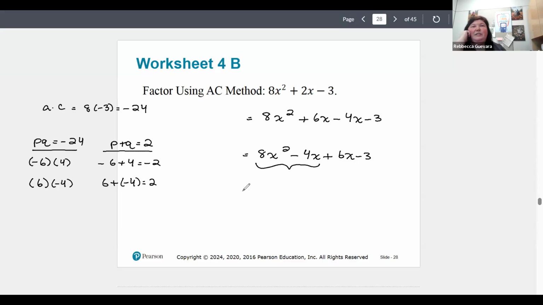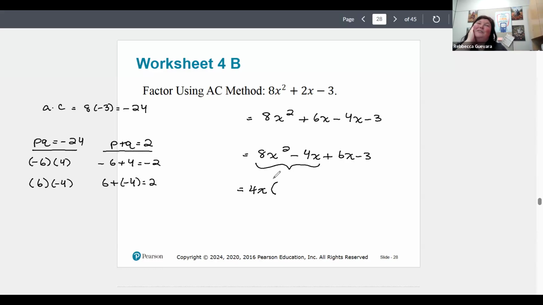Now if I do the grouping, we can pull out a 2 and an x from 8x squared minus 4x. How silly of me. They're both divisible by 4. They're both divisible by 2 as well, but they're both divisible by 4.